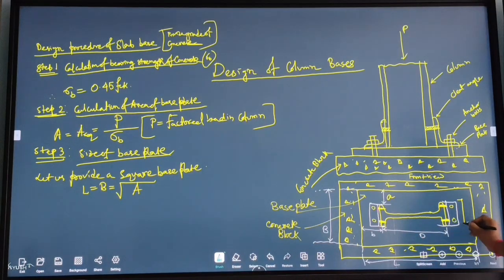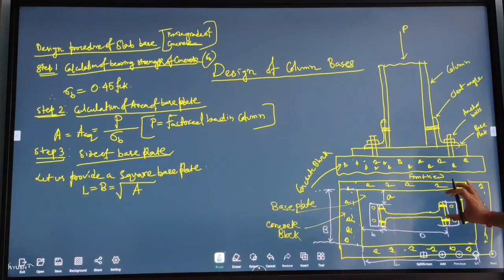So this amount is nothing but your how much? PF. What is PF? This is called BF.